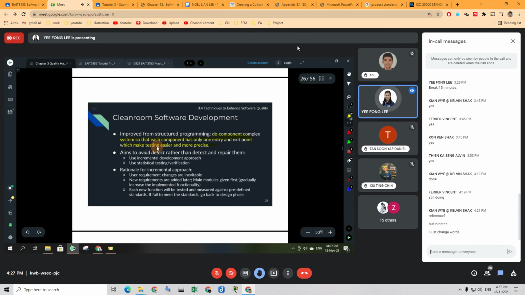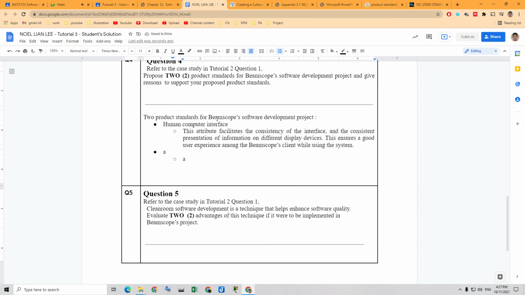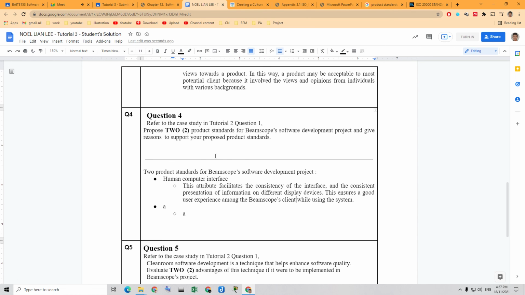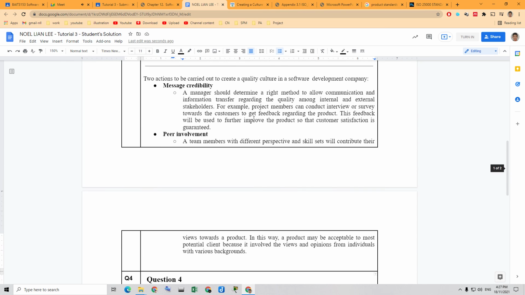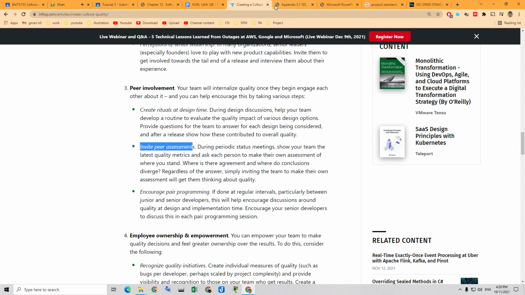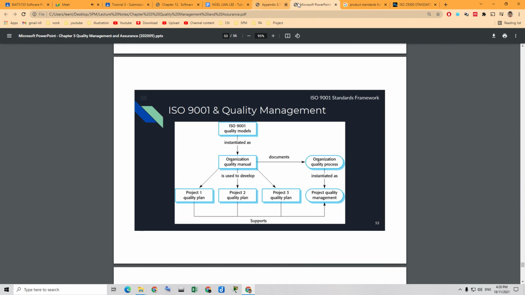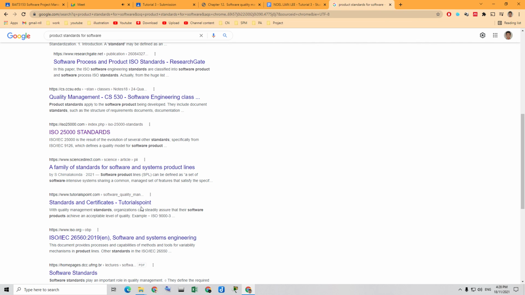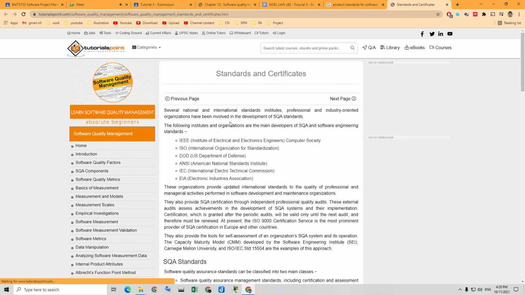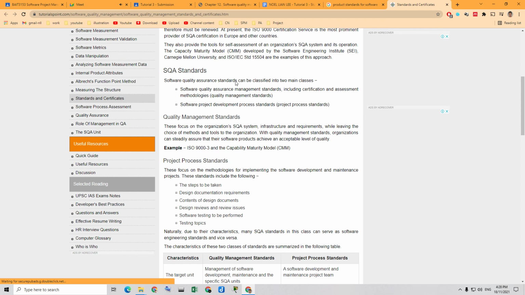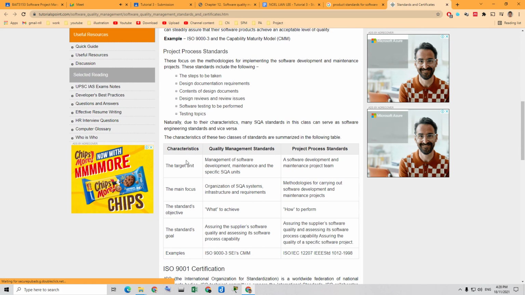So in terms of building higher quality software, this clean room technique managed to break down the complex system into components, and each component might have only one entry and exit point, so it is easier to test and more precise.